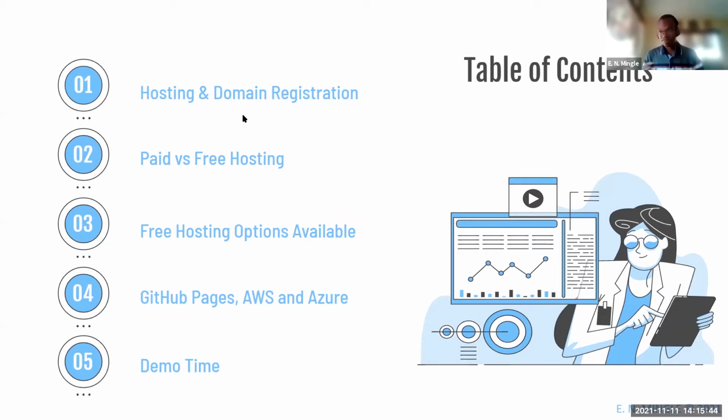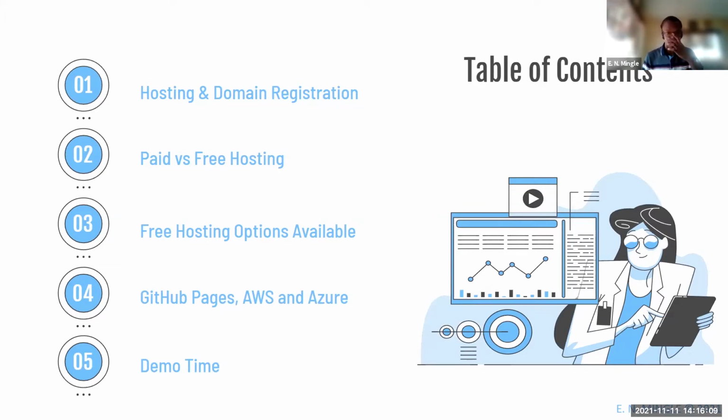First, I want to clarify what we mean by hosting a website and registering a domain for that website. That will be one of the first things we look at. Then in terms of hosting, paid hosting and free hosting, what's the difference? Then we'll dive deep into some free options available.